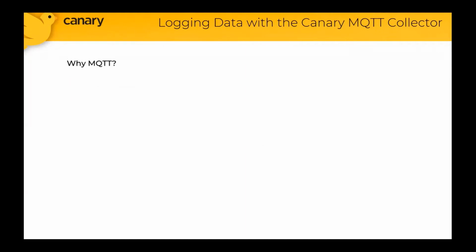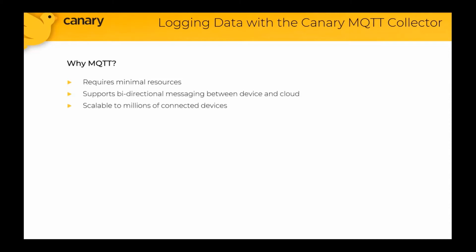So, why are these companies using MQTT? Well, for one, it requires very minimal resources since it's a very lightweight and efficient protocol. And it supports bi-directional messaging between devices and the cloud. And it's very scalable.